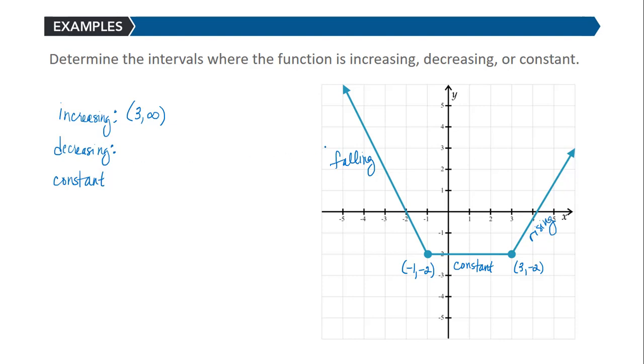Where is the graph decreasing? Well, from left to right, it's decreasing from negative infinity to this point (-1, -2), which has the x value -1. So from negative infinity to -1. And then the graph is constant between (-1, -2) and (3, -2), which is in the interval -1 to 3.